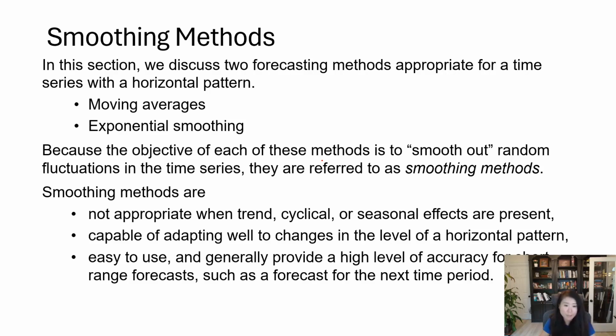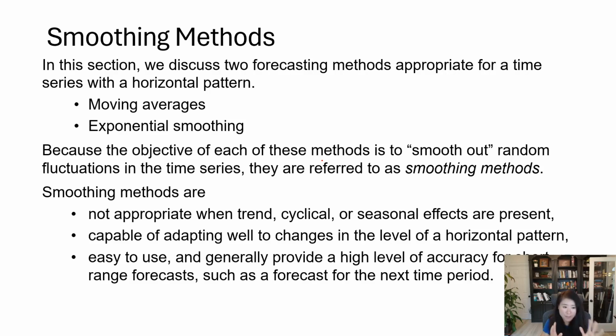As I mentioned at the very beginning of this module, when we draw our time series line chart, you're always going to see ups and downs. Those random ups and downs are totally okay. They exist, and nobody cares about them. Since we don't care about them, how about we find a model that can smooth those ups and downs out, only keeping the core feature we are looking for, right?